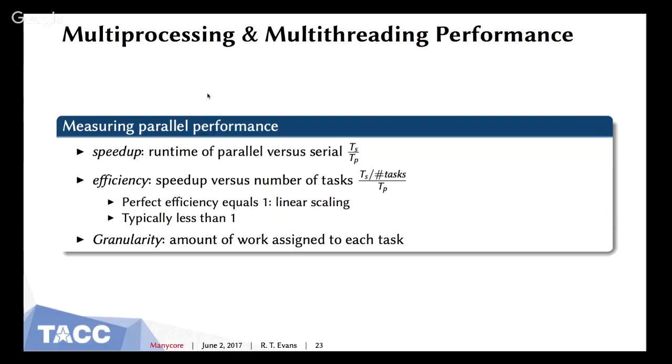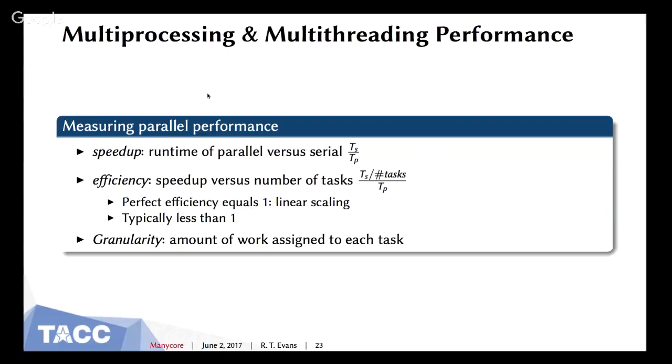What was the overhead cost? And so if you have what we call linear scaling, this efficiency would be 1. Because every time you add a core, you basically increase your power. Go from 1 core to 2 cores, you're twice as fast. 1 core to 4 cores, you're 4 times as fast. In general, you don't see this a lot, especially not at really large scale, because a little bit of overhead cost.